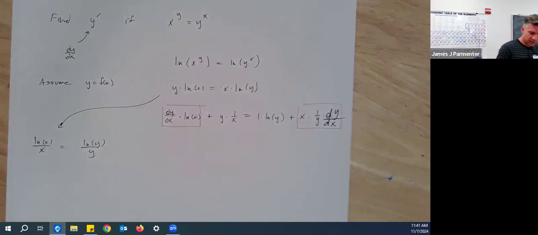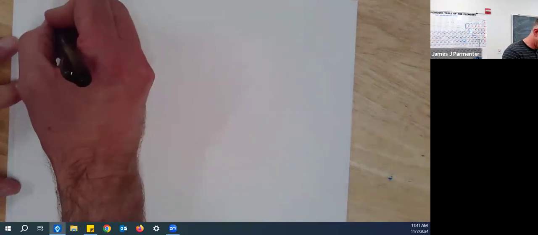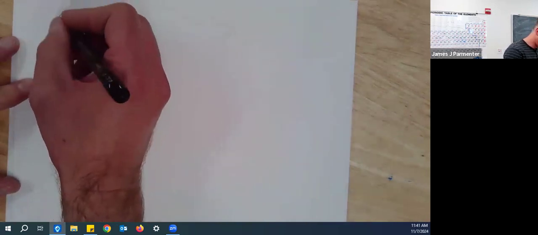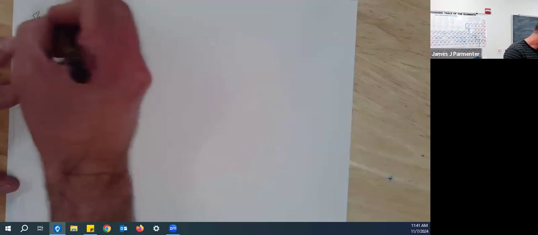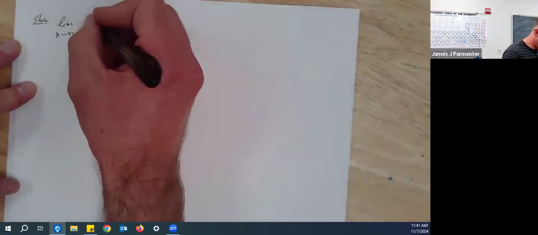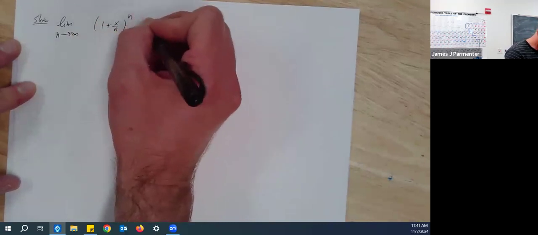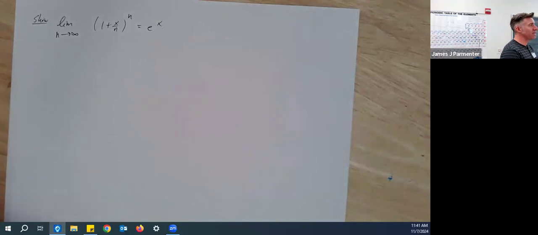Sure, yes. So here's what I believe they want you to do, and I think this problem is actually easier than it looks. They want you to show the limit as n goes to infinity of 1 plus x over n to the nth power is equal to e to the x. Later on, when we learn about L'Hopital's rule, we'll do this for real.